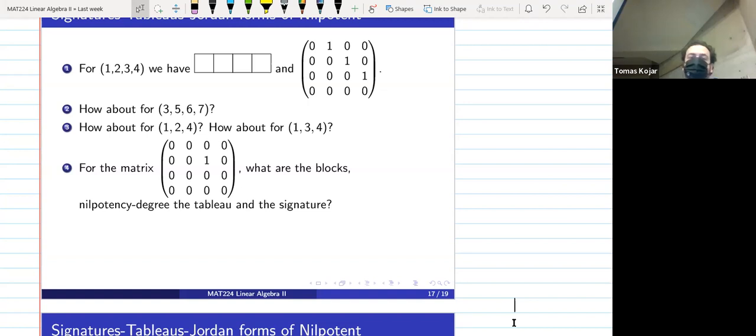So what is a Jordan block? A Jordan block is something that goes like this: 0, 1, 0, 0. How many zeros you like? But you must always have a 1 on top. Right? So how many blocks do you think we have? Well, there's one guy, and then like this.